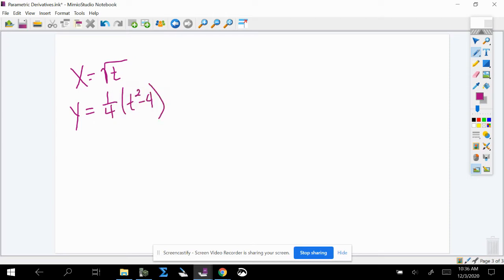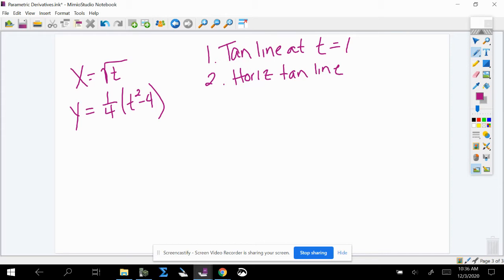This particular question wants you to write the tangent line at t equals 1. Then it asks, when does it have a horizontal tangent line? And where does it have a vertical tangent line?